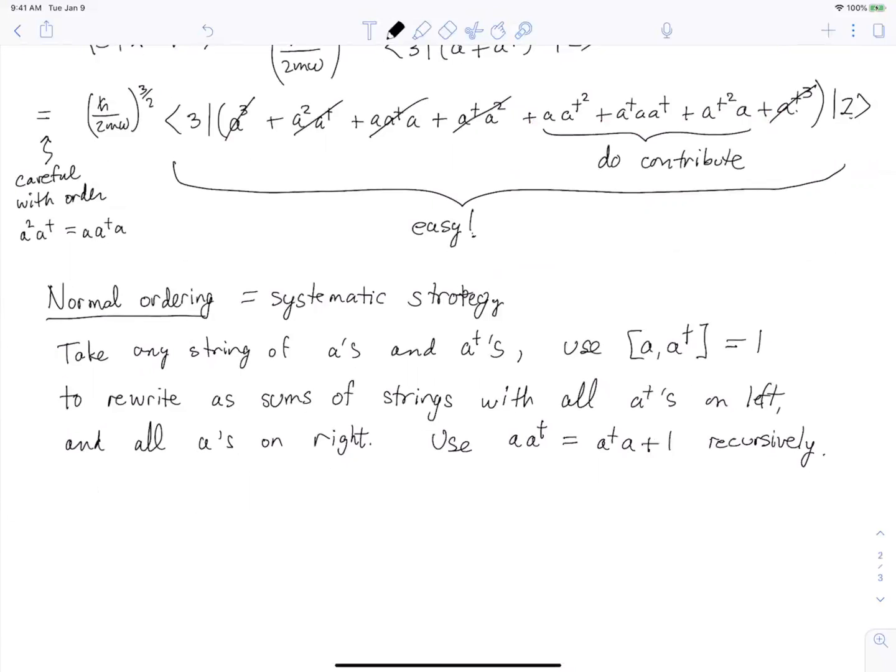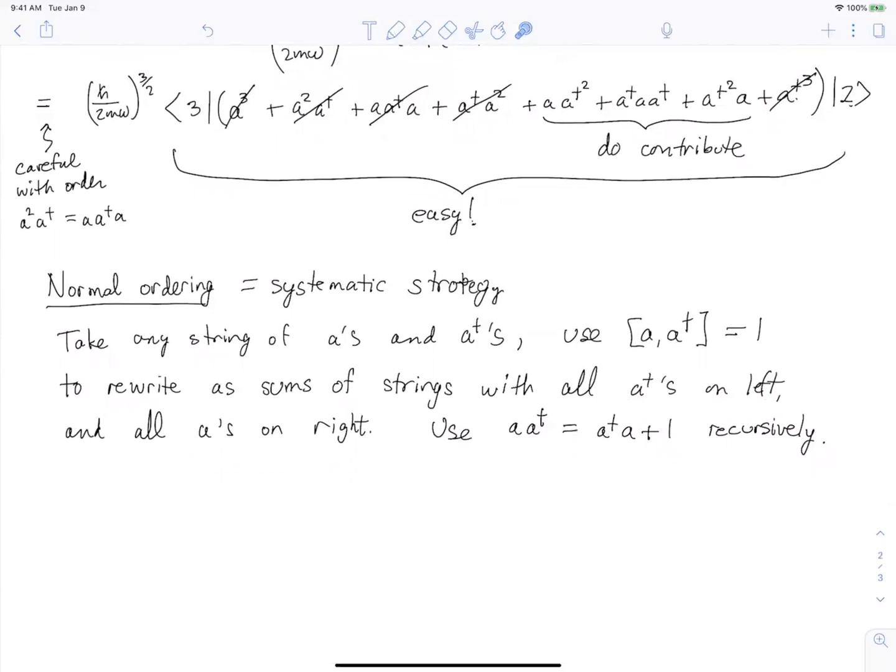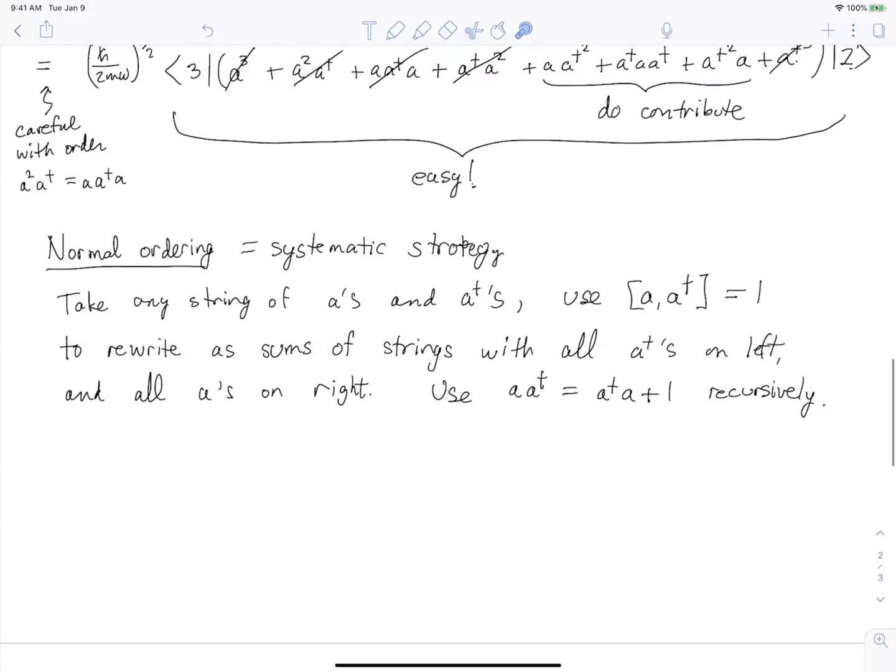Then once you've got all A's on the right and all A daggers on the left, the A's on the right lower the quanta in the ket on the right, and the A daggers on the left will also lower the number of quanta in the bra on the left. And so one gets this systematically. So normal ordering isn't necessarily the fastest way to calculate anything, but it's very systematic in the sense that it will always work for you.